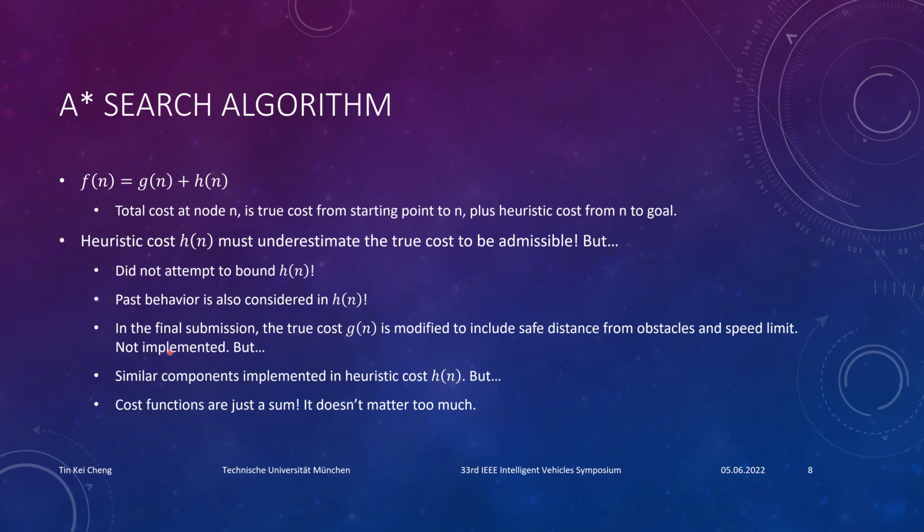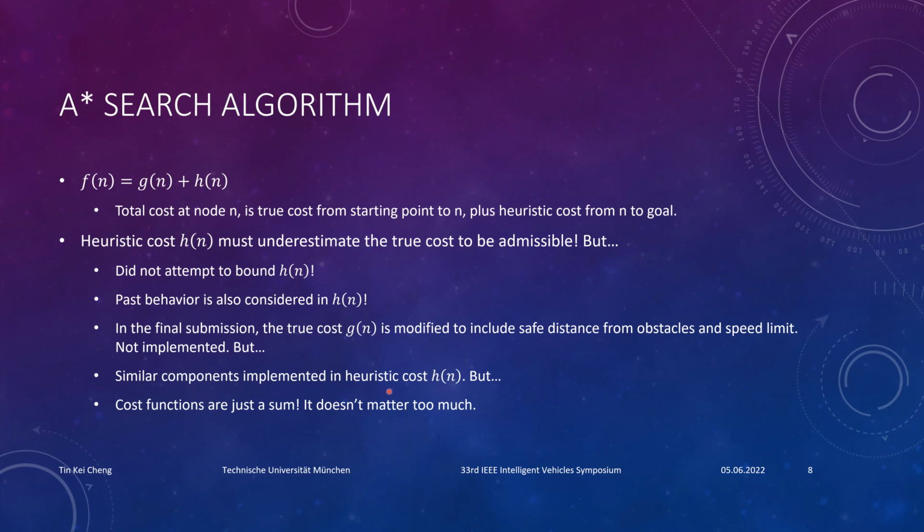And then in the final submission, the true cost function, previously it was the TR1 cost function, but in the submission we also include something like the safe distance from obstacles, and the vehicle has to obey the speed limit. It is not implemented, but I have something similar implemented in the heuristic function that evaluates the distance from obstacles and also obeys the speed limit.